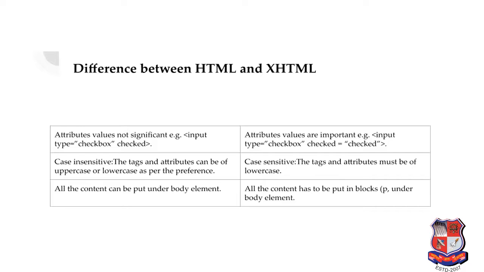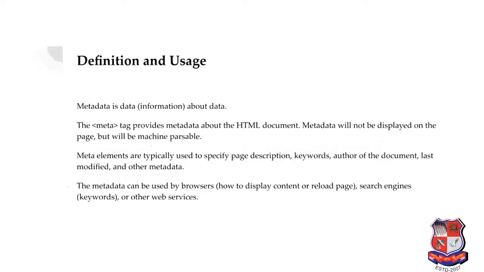HTML is case insensitive, while XHTML is case sensitive. The tags and attributes must be in lowercase. In HTML, all the content can be put under the body element, while in XHTML, all the content has to be put in blocks.